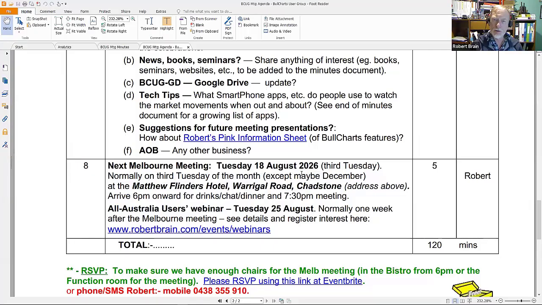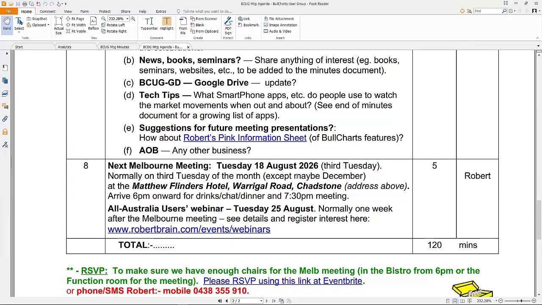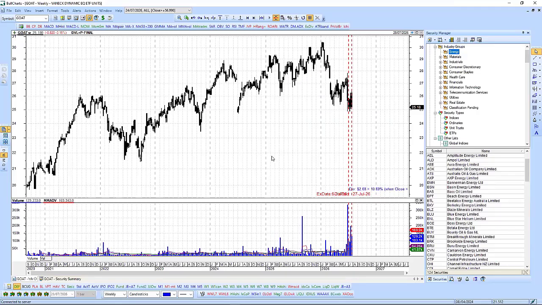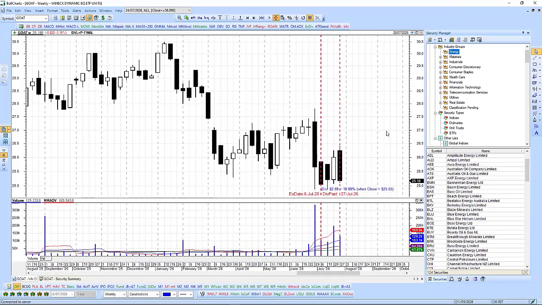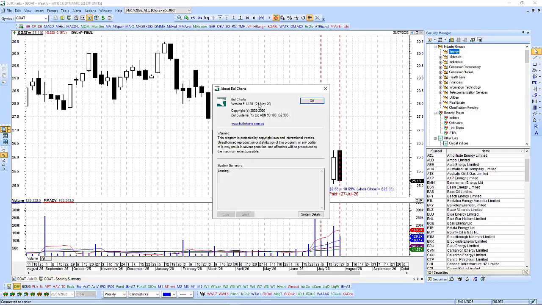Last call. Any comments or feedback? Just very quickly, Robert, I noticed your BullCharts froze there earlier on. What I've noticed since I downloaded the update, I don't think I've ever had BullCharts freeze on me. Yes. And I've noticed for about 3 or 4 times now, I've had to press Control Alt Delete and shut the task down and come in again.